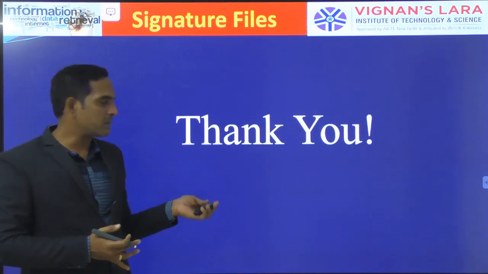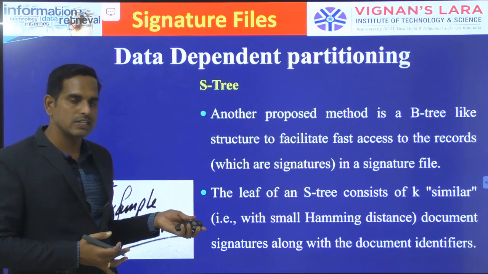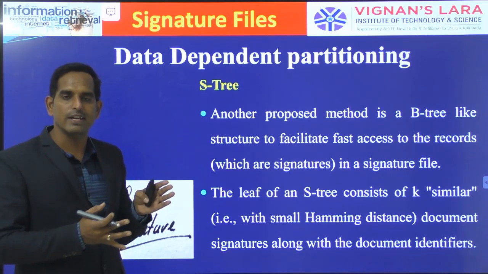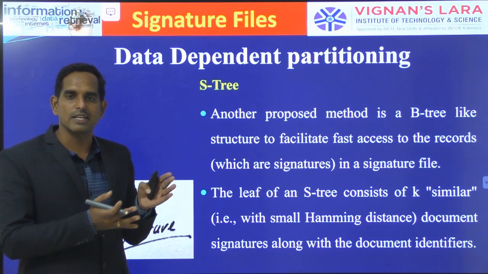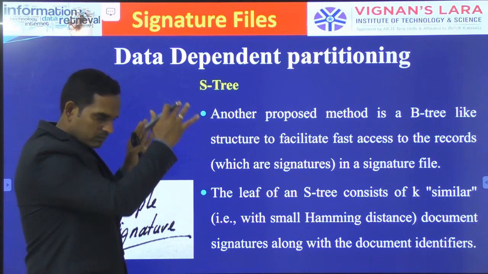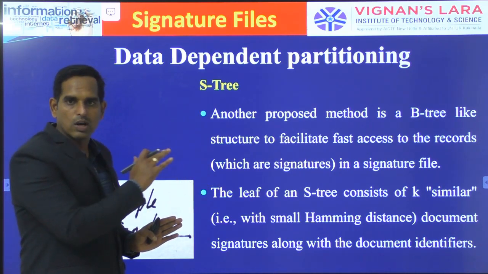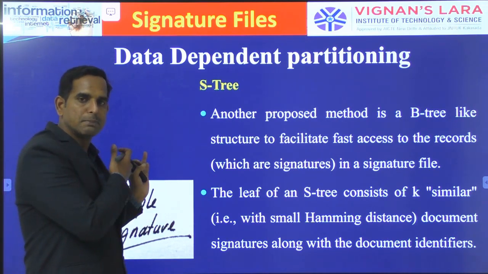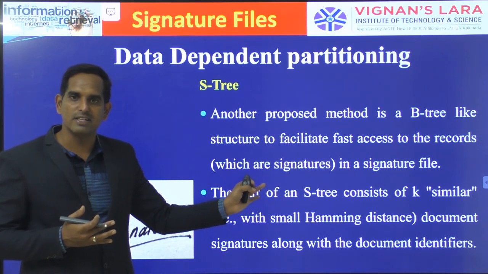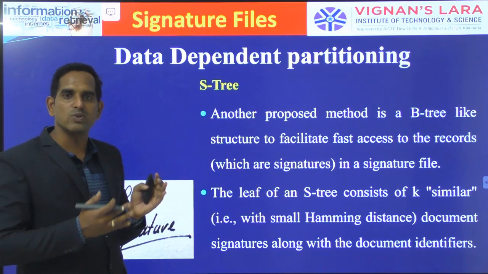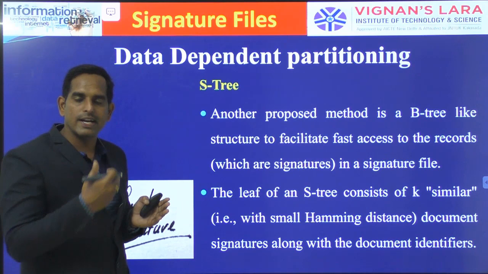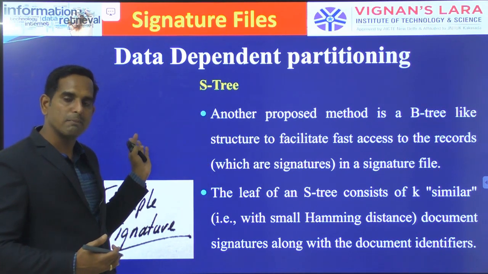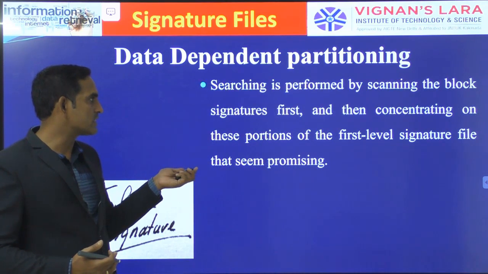So this is about your complete horizontal partitioning. The main aim of horizontal partitioning is to break down your large search space into localized forms. In order to do that, we have seen two methods. One is the data independent method, another one is the data dependent method. As a part of the data independent method, we have taken the record and attribute type method, and in the form of data dependent, we have taken multi-level or two-level signatures.